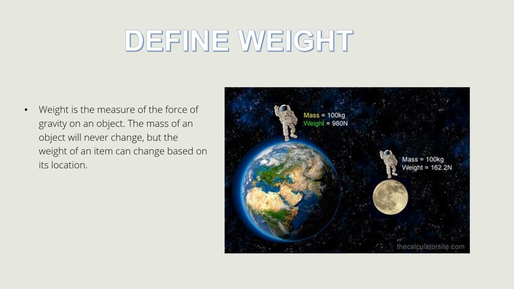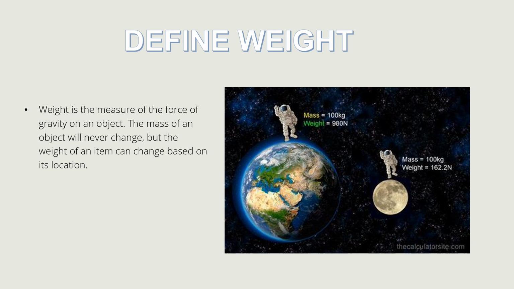So how can you define what weight is? We usually say that weight is a measure of the force of gravity on different objects. Why do we say that? Like you have in the picture here, you have planet Earth and, for example, the Moon.